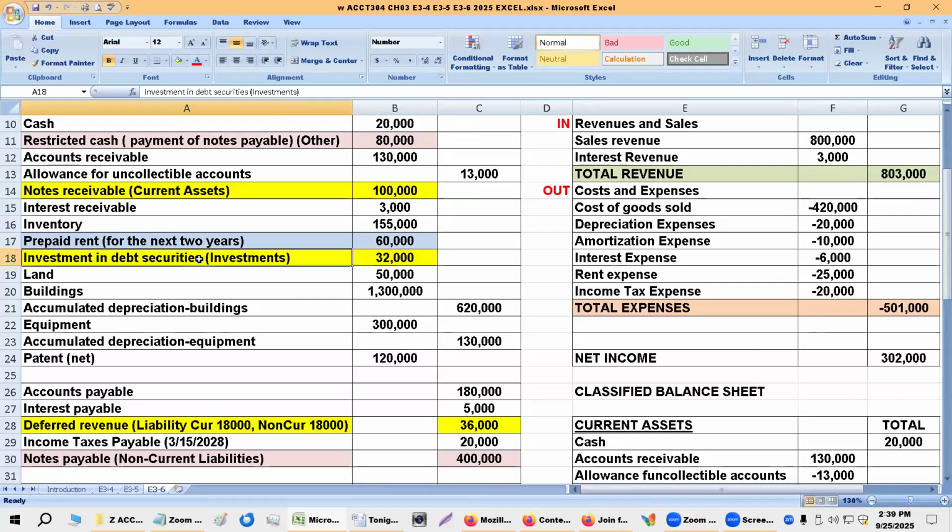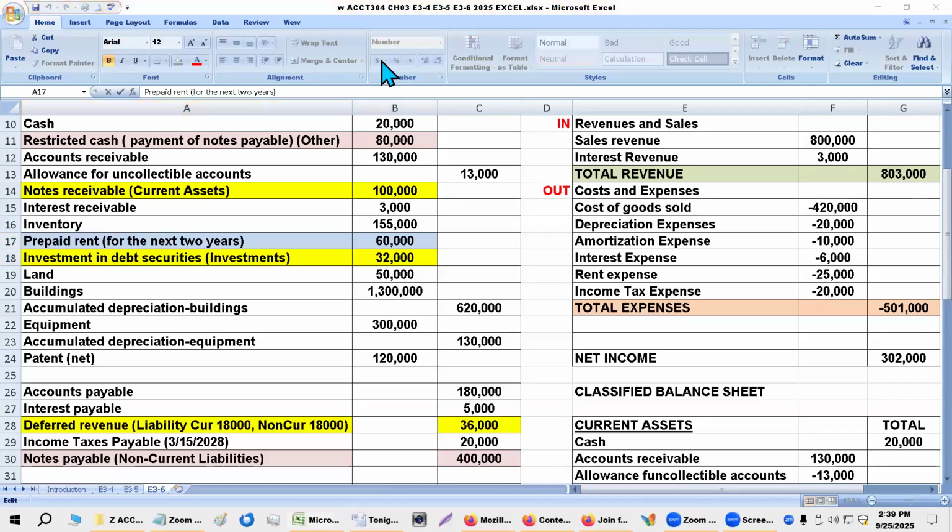What's the problem with putting all that into current assets? One's going to be short term, one's going to be long term. Yep, good, absolutely. So we have to split it in half.